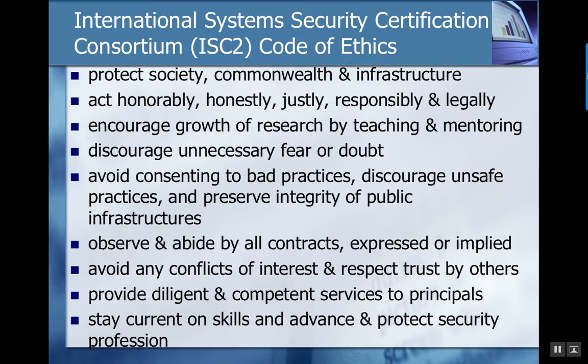So, things like protect society, commonwealth, and infrastructure; act honorably, justly, responsibly, legally; growth of research by teaching and mentoring; discourage unnecessary fear and doubt; observe and abide by all contracts, expressed or implied. So these are all guidelines established by ISC Squared.